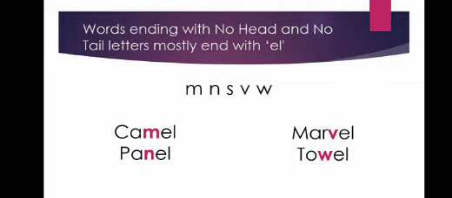Usually, the words that have these no head, no tail letters end with EL. Look at these letters M, N, S, V, W. Camel, M. Panel, N is there. Marvel, V is there. And towel, W is there. So, after no head, no tail letters, we have E, L at the end.